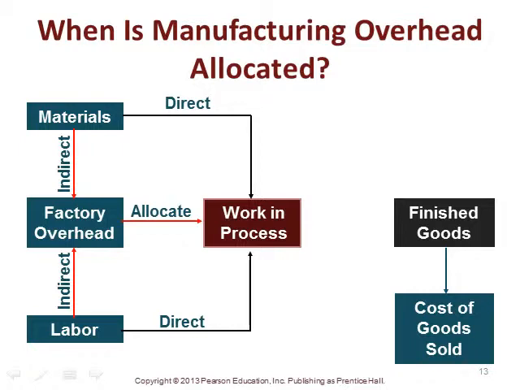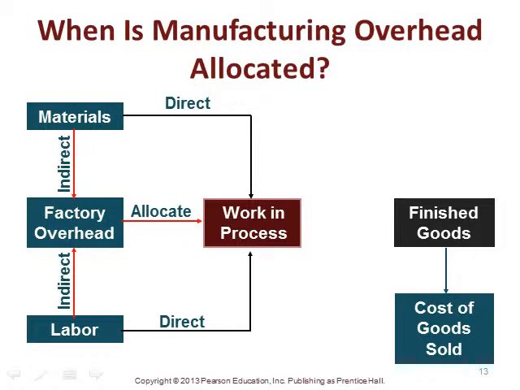It's really allocated as a function of the build-up in our work in process as we manufacture products. Our materials and our labor are treated as direct, and so as we build product, we charge the cost of those direct costs into the work in process account.